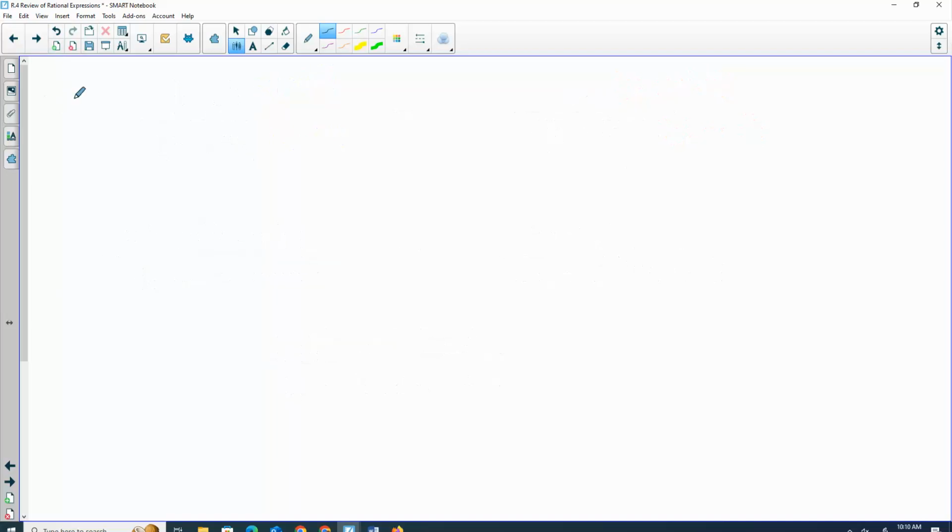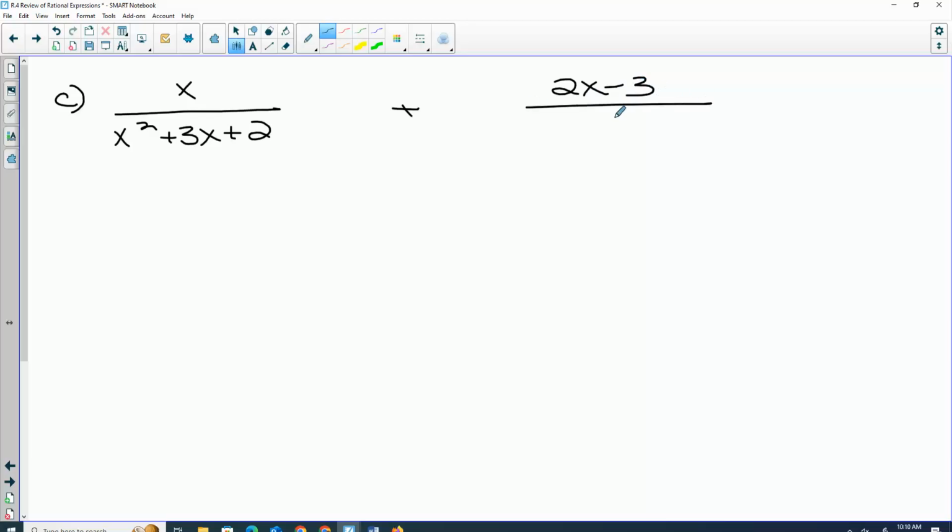Maybe I don't want to try to get a common denominator yet, because I really don't want to multiply this one by x squared minus 1 and this one by x squared plus 3x plus 2. What should we do first?